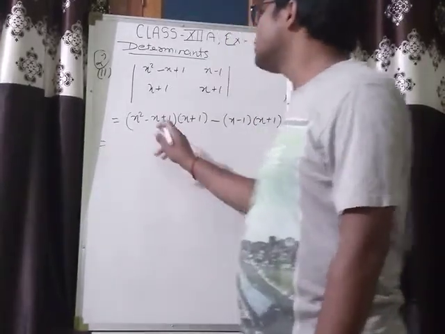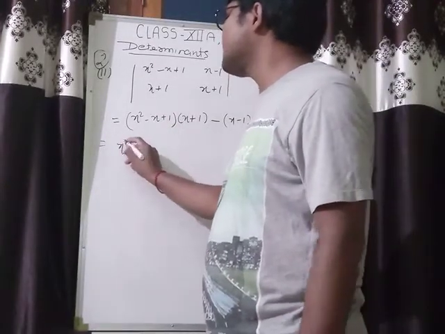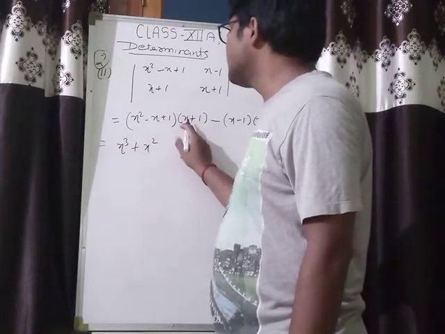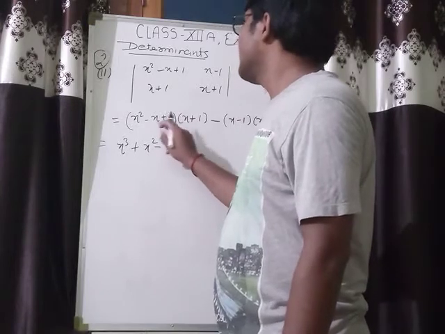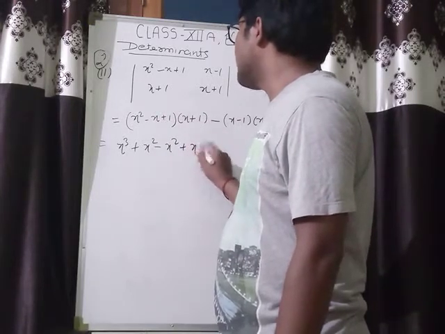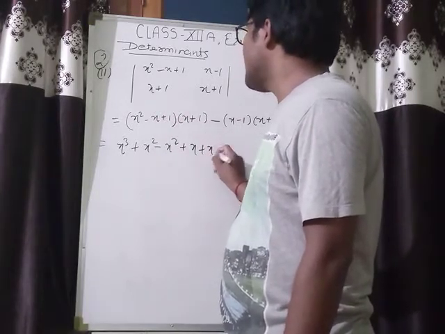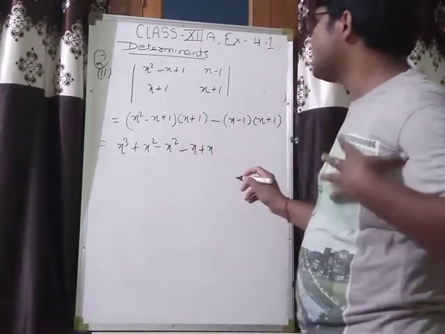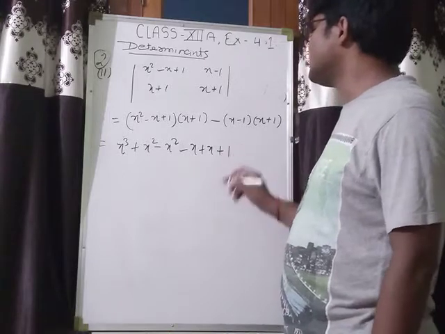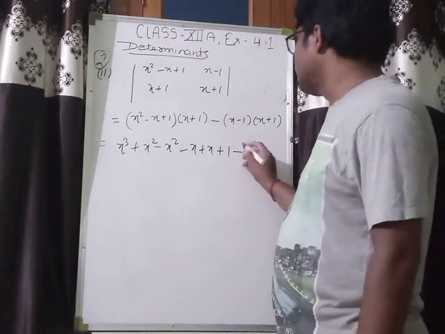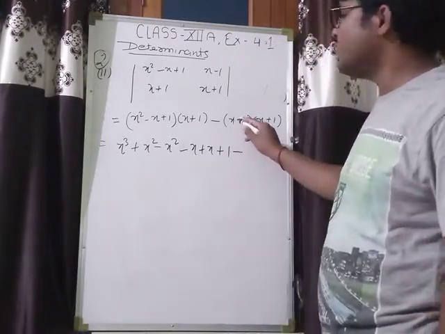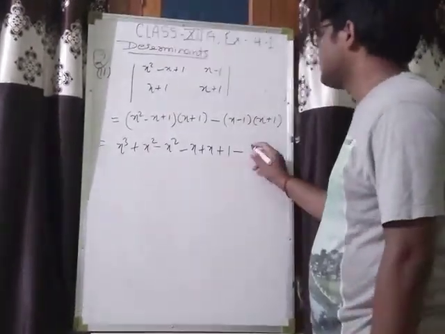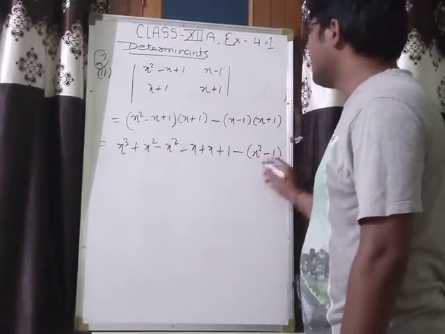Clearly, multiply these two: x square into x, that will be x cube, x square plus 1, that is x square, minus x into plus x, that is minus x square, minus x into plus 1, that is minus x, 1 into x, that is plus x, and 1 into 1, that is 1. And minus, this is of the form a minus b into a plus b, that is equal to a square minus b square, so it will be x square minus 1.